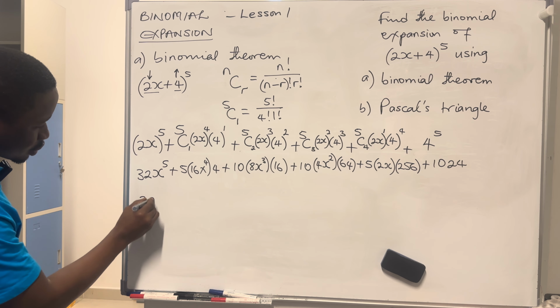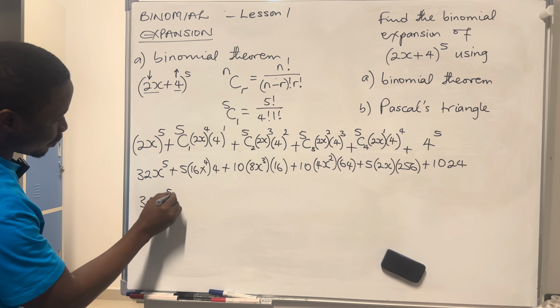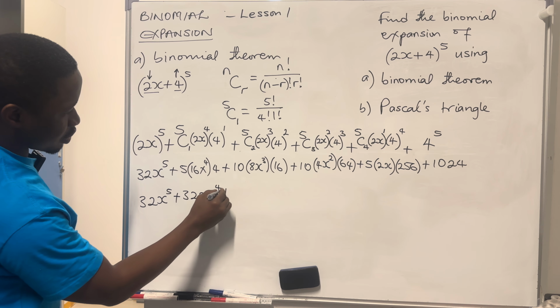So this is 32 x to the power 5. 5 times 16 is 80. Oh, sorry, there is 4 here. 5 times 16 is 80. 80 times 4, 320 x to the power 4.